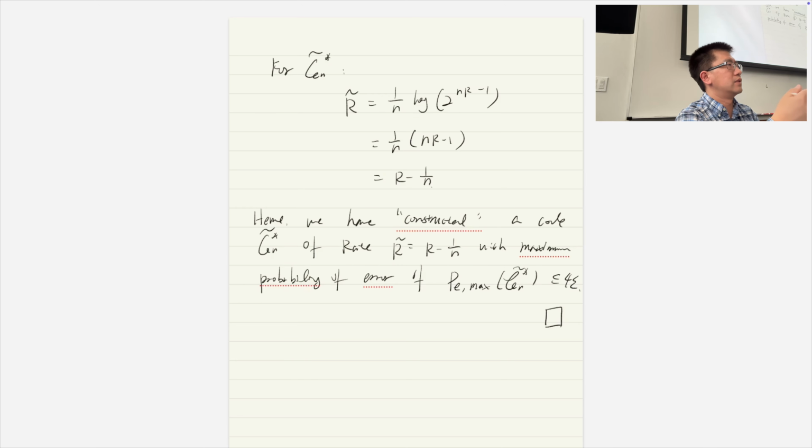Then we show there exists at least one code such that the average error probability goes to 0. And then we truncate the code, and have a new code to show the maximum error probability of this code goes to 0. That will impact our rate a little bit, but this little bit, 1 over n, doesn't matter as n goes to infinity. So that's basically the thinking process.